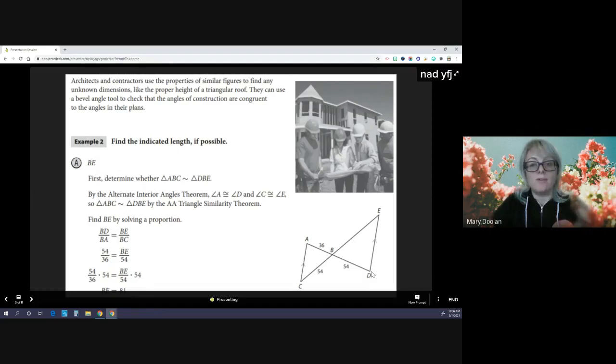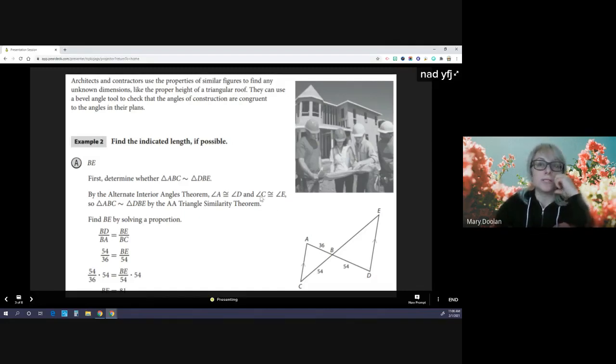And so when you have a pair of parallel lines, then alternate interior angles become congruent, which means angle A is congruent to angle D. So right here, this angle A is congruent to this angle here. Those are alternate interior angles.